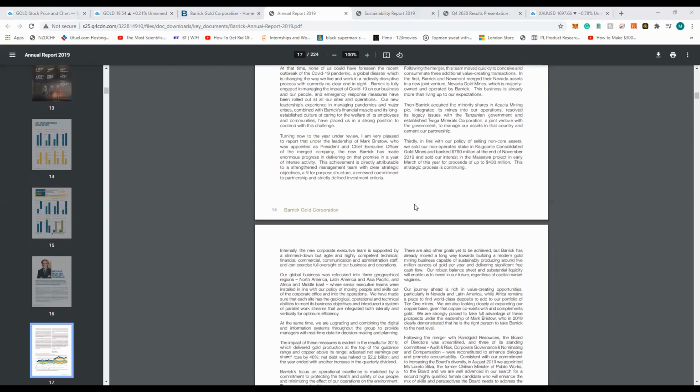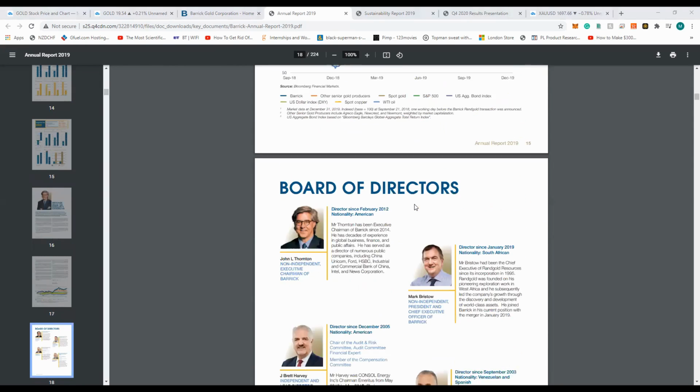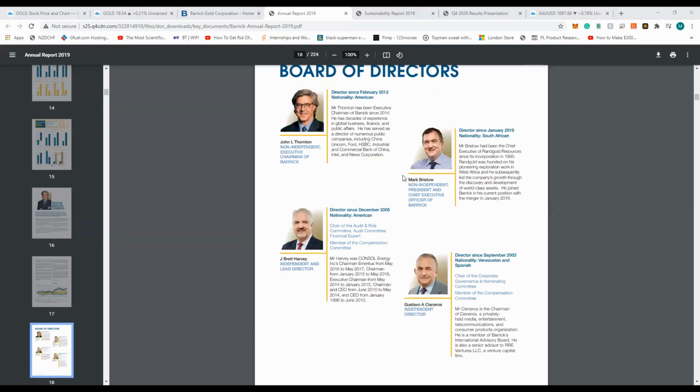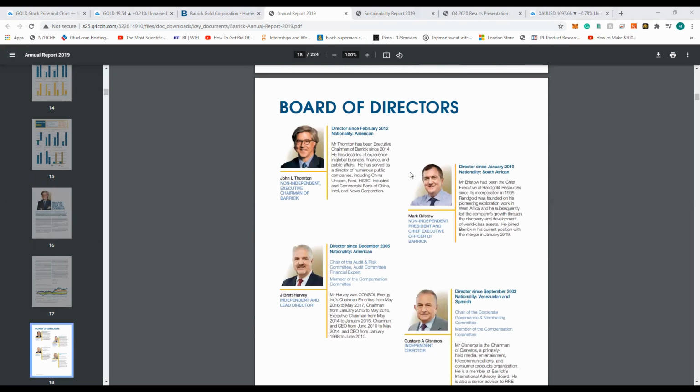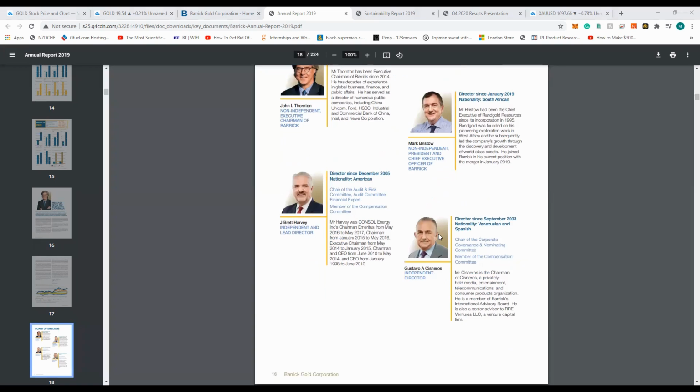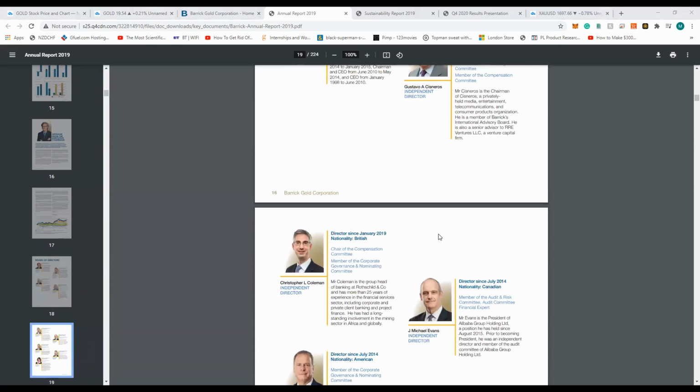Another key thing: you can look at the board of directors, but as opposed to cryptos, you want to look at this at the beginning. Most cryptos start out as an ICO, and then they'll already be tradable. That's the only difference with crypto. Everything is tradable.